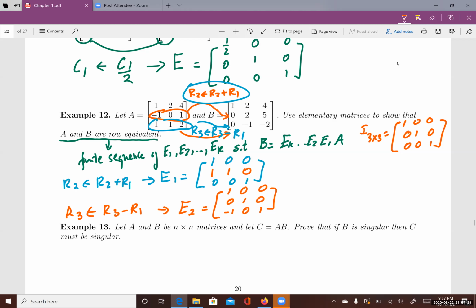All right, so I found 2 elementary matrices such that when I multiply each of these matrices to the left of A, I will get B, because I found the 2 row operations that take me from A to B.